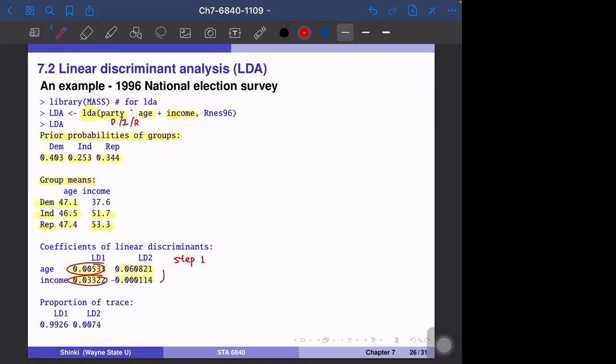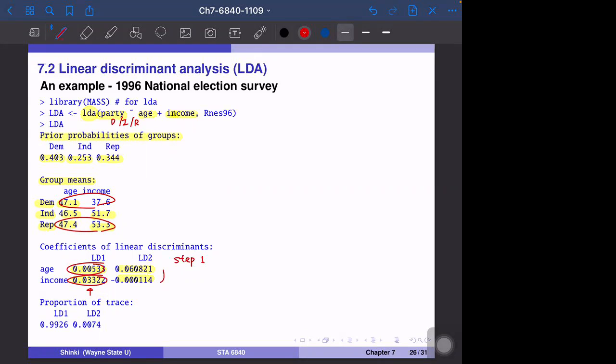Probably it's a little hard to interpret, but for LD1, both coefficients are positive. That's understandable because the Democrat and the Republican are the largest groups, and age and income are both higher for Republican.